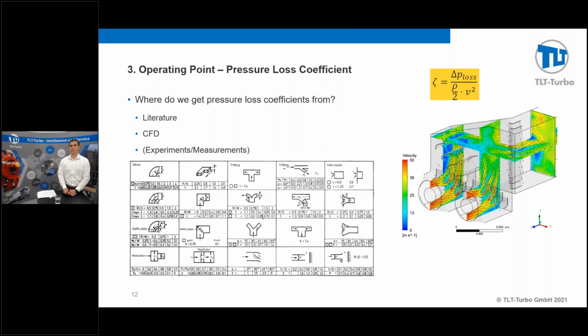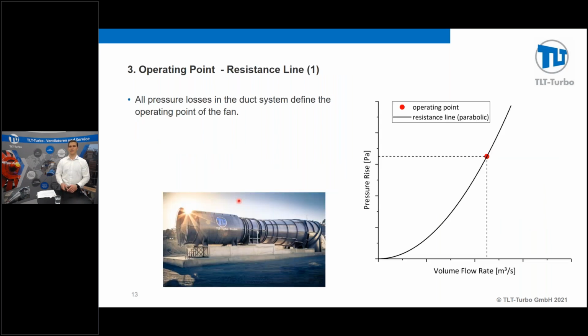Okay. Then this leads us to a kind of operating point. So you want to have a certain volume flow rate. I have now a diagram here with the x-axis being the volume flow rate. And that's maybe the volume flow rate you're looking for in your technical plant.